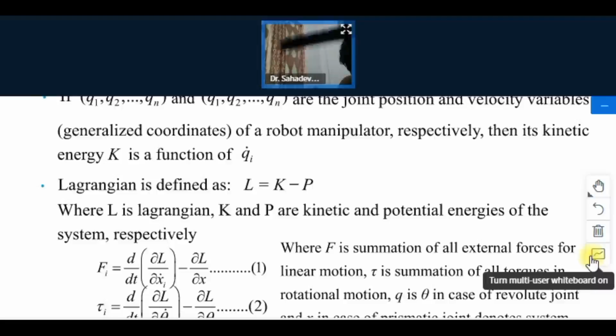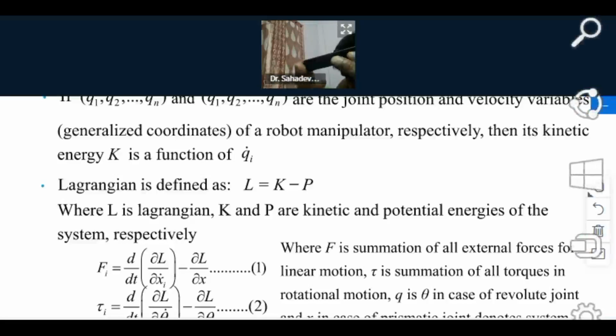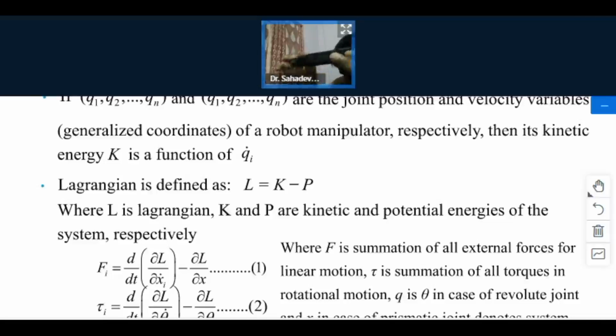This is a prismatic joint. Clear that it is sliding?